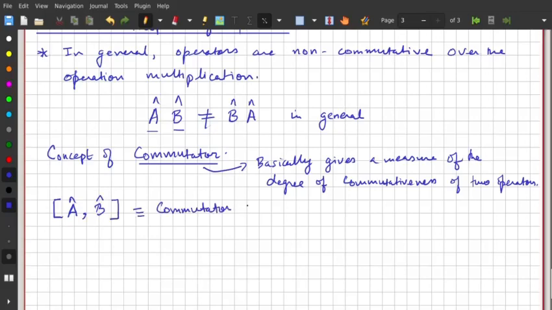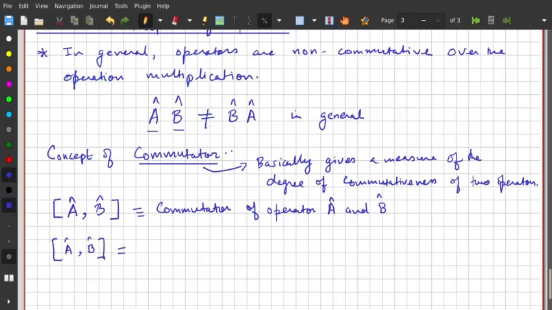This is the commutator of operators A hat and B hat, and the definition is exactly what we understood here. It's a measure of the degree of commutativeness of two operators. As you can see, in general A hat B hat is not the same as B hat A hat.